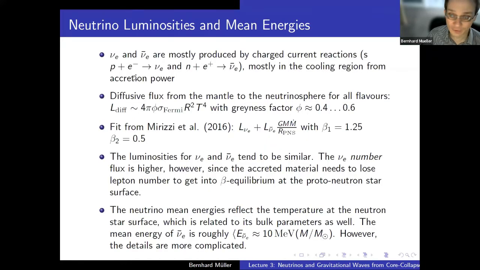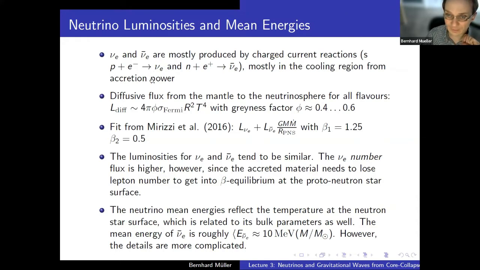All right, so now, and I have a slight typo in here, I see. Now let's discuss quantitatively how we can understand the neutrino emission.